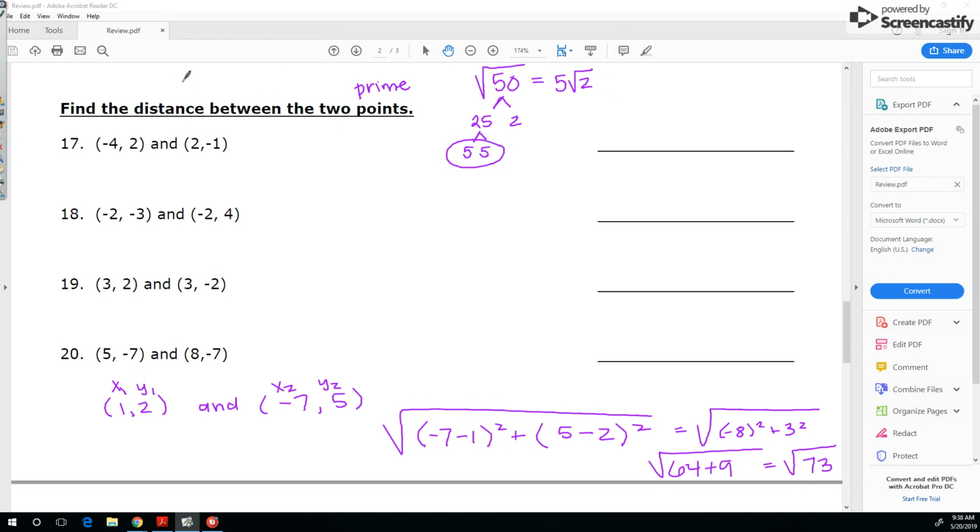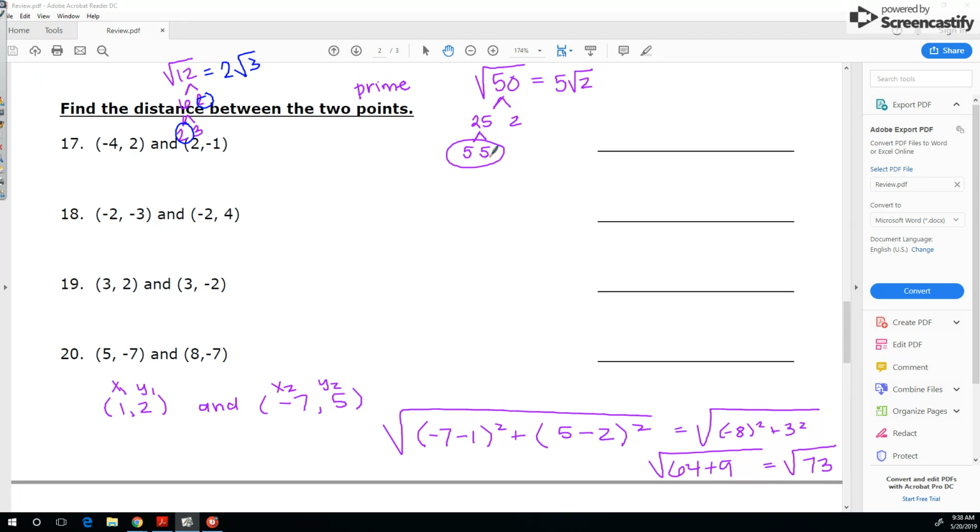Another example for you, like if you had square root of 18, we know that is 9. No, that's not what I wanted to do. Let's do 12. So 12 is 6 times 2, and 6 is 2 times 3. So in this case, we have a group of 2s and a leftover 3.